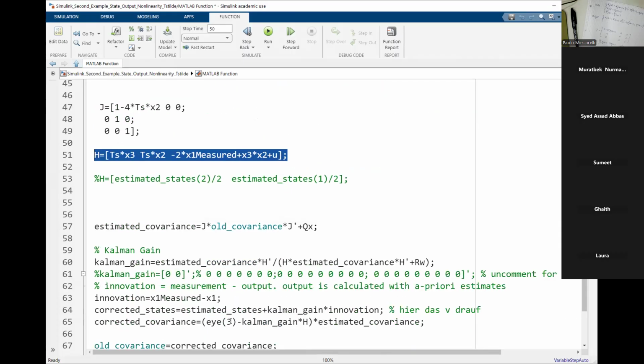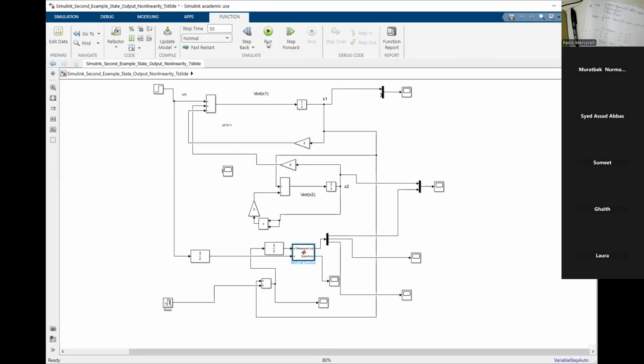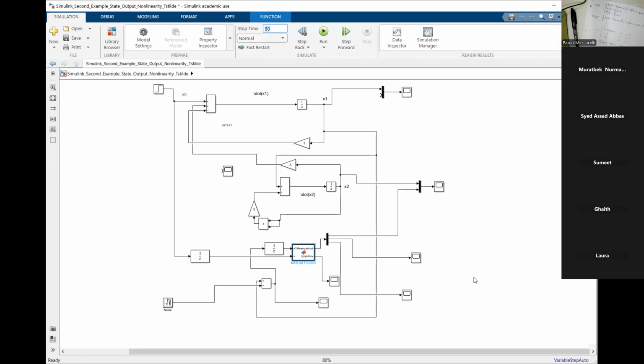Of course, the dimension here, before we have 2, because the state was 2-dimensional, now we have a 3 in the states. Look what happens. I hope that is working. At the beginning, I start with Ts equal Ts tilde, and then I pass the value. Ts tilde is here.